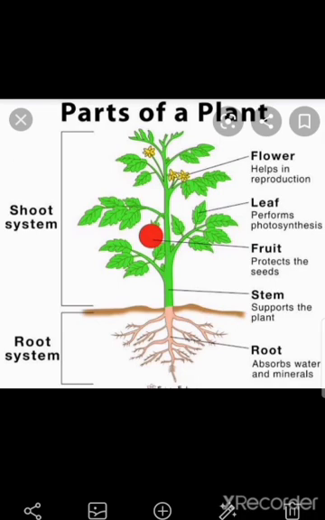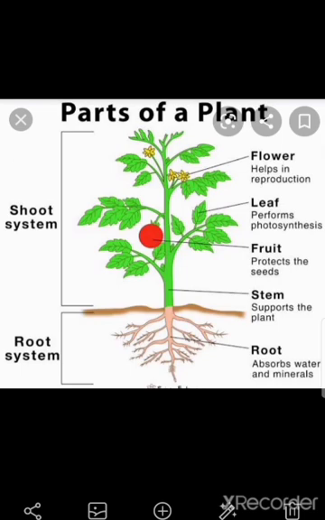First of all, we will discuss the flower. The flower contains the plant's reproductive organs. Many flowers attract insects which carry pollen between plants to bring about pollination and fertilization. So the flower helps in reproduction, right?